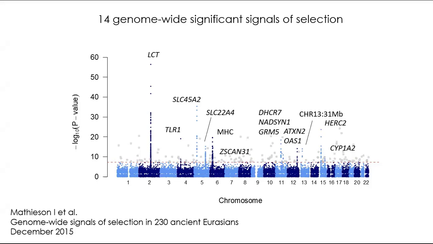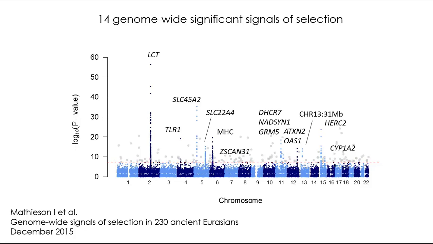And the y-axis here is a measure of how much that SNP fits overall patterns of genetic variation in this population. When you see a SNP that's up here, that means that SNP does not fit the genome-wide patterns. So it's an outlier, and we interpret those outliers as being the result of natural selection.